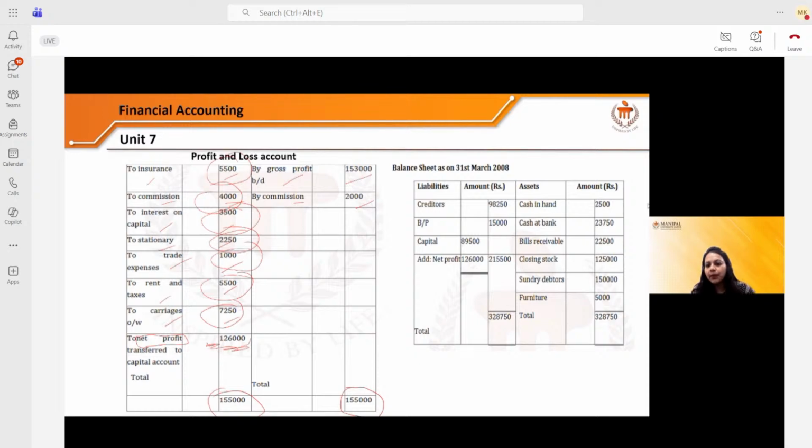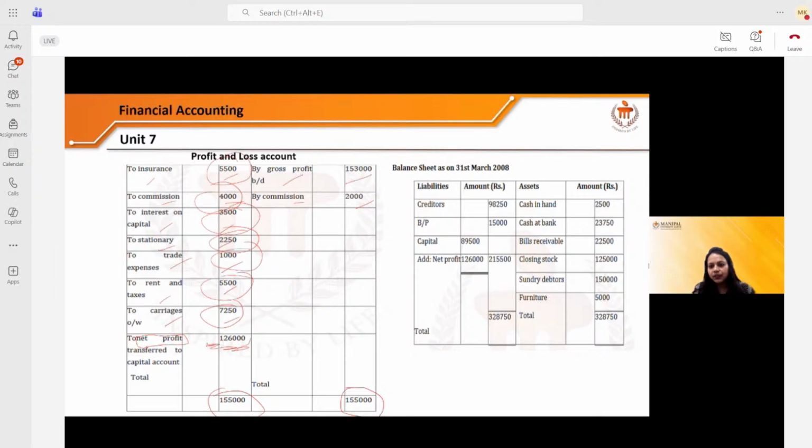Why is there interest on capital? You have to show interest on capital because the business will have to pay interest on capital. Think from the business perspective, not the individual perspective. So that is an expense, and it always comes in the debit side.